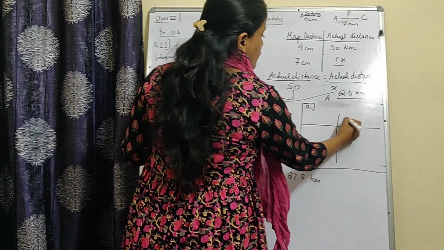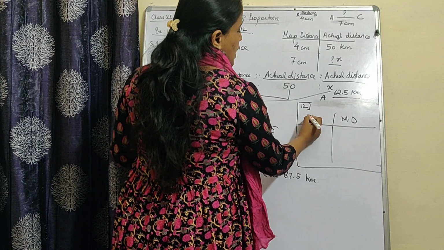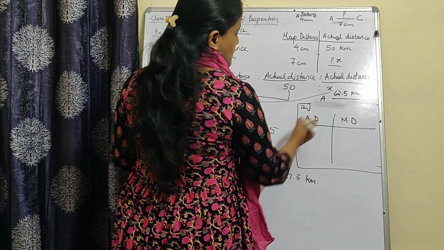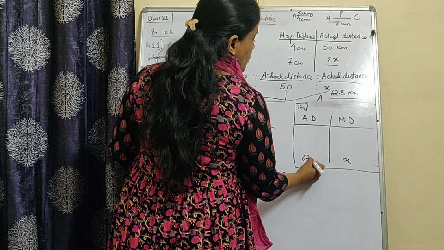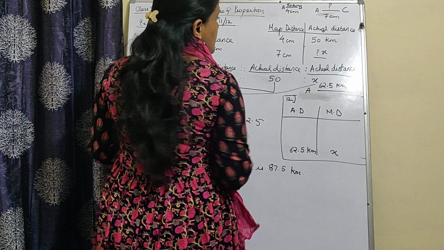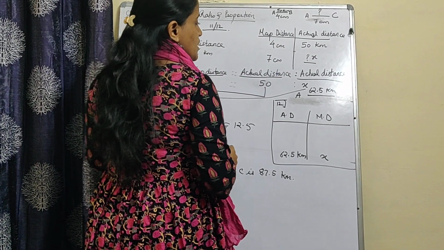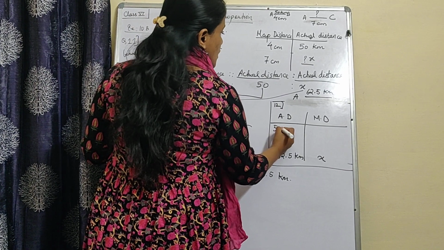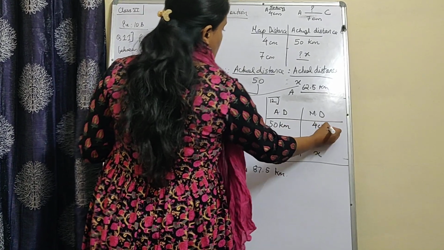So what we have to find is the map distance. I am writing like this: map distance, and here it will be actual distance. So map distance will be x. Actual distance is 62.5 kilometers. The upper part will be the same because the question is related to question number 11. So here it will be 50 kilometers, and here it will be 4 centimeters.